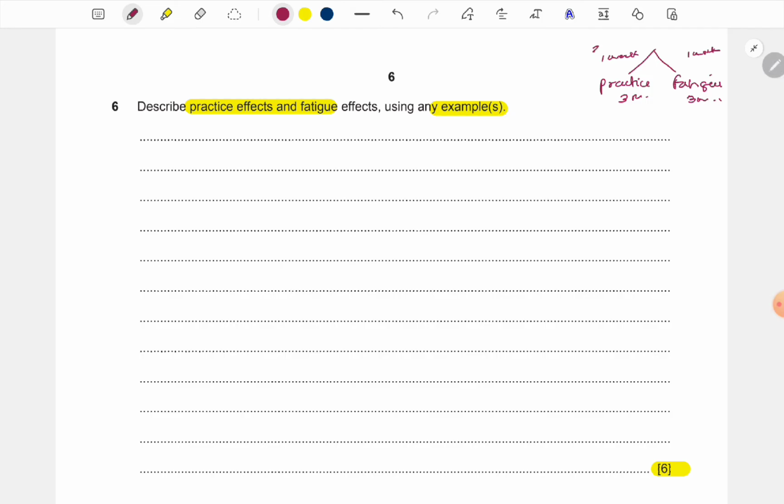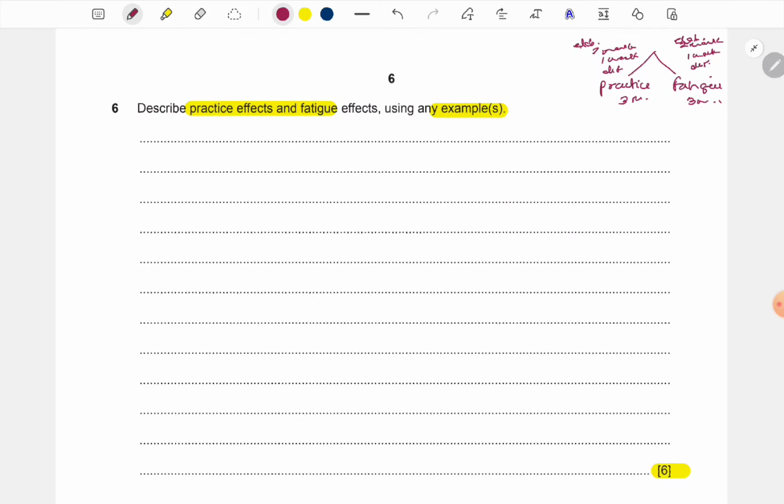Second mark is to give any elaboration, any further explanation, depends on what the concept is. So there's nothing fixed about this, but you know, like practice and fatigue effects reduce the validity of results, you could talk something about that. Or you could just say there are types of order effects that are found in repeated measures experimental design, something like that. And then of course they've directly asked you for an example, so definitely they must have reserved 1 mark for the example.